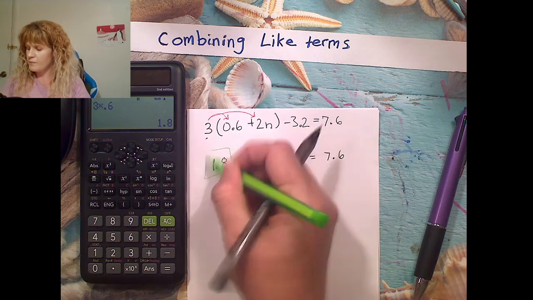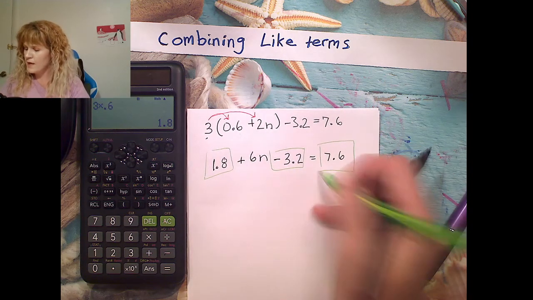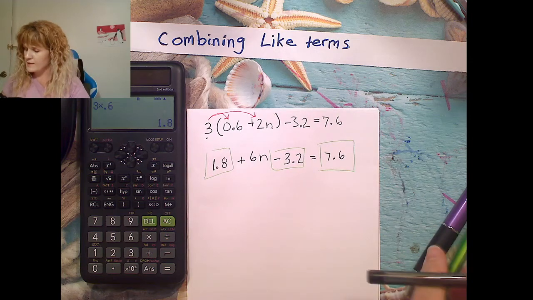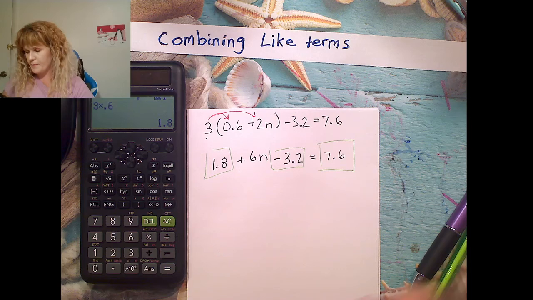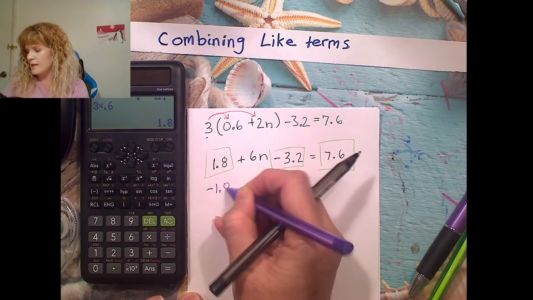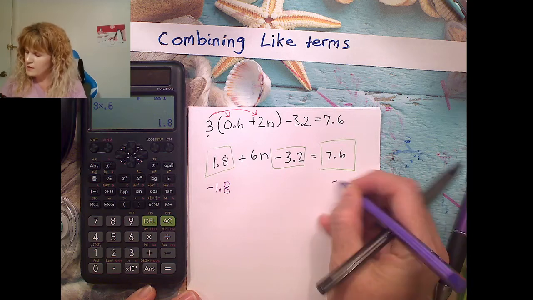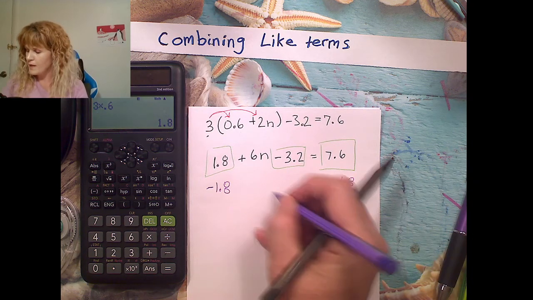Okay, now combine like terms. I have the 1.8, negative 3.2, and 7.6. I'll combine these all in one step. Minus 1.8 on the left side of the equation, so minus 1.8 on the right side of the equation.